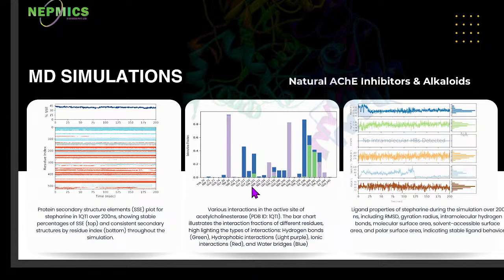And then next is tyrosine 121. Although the level of hydrogen bond is quite low, it has still been preserved. And next is tryptophan 84. You can see a good contact map of the interaction of tryptophan 84 with the amino acid. So it just signifies how much of the residues has been deformed or how much has been conserved.